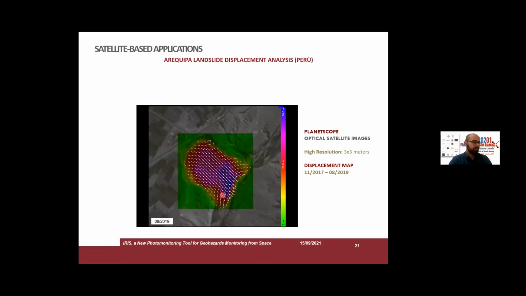This is very important, and another important result was the drawing of the displacement vectors on the plane. So for each point, for each pixel, we can know the amount of displacement, but also the direction of this displacement.